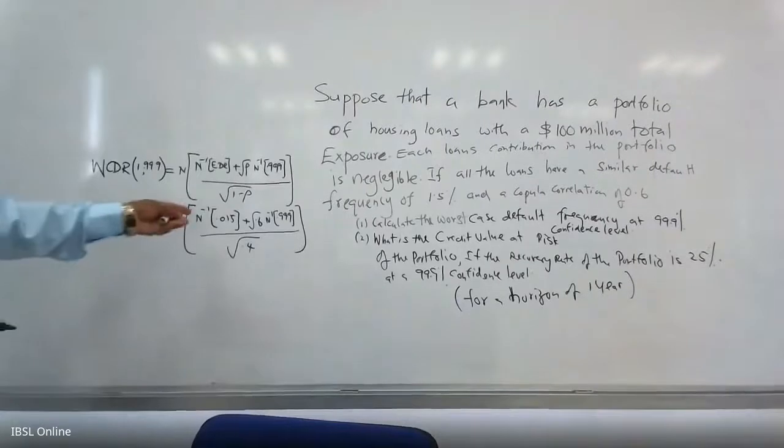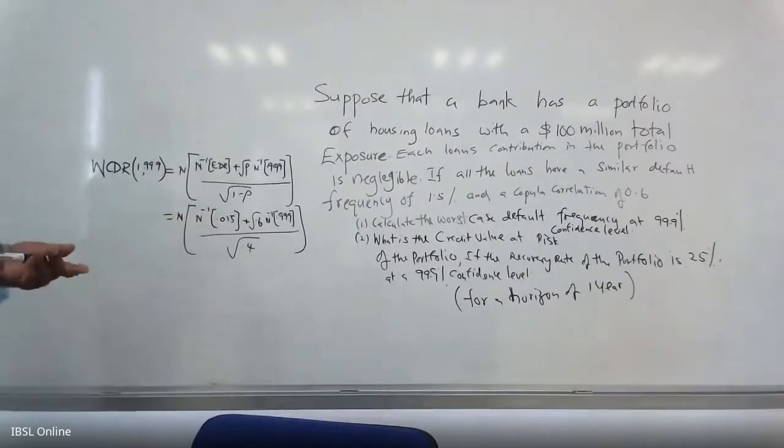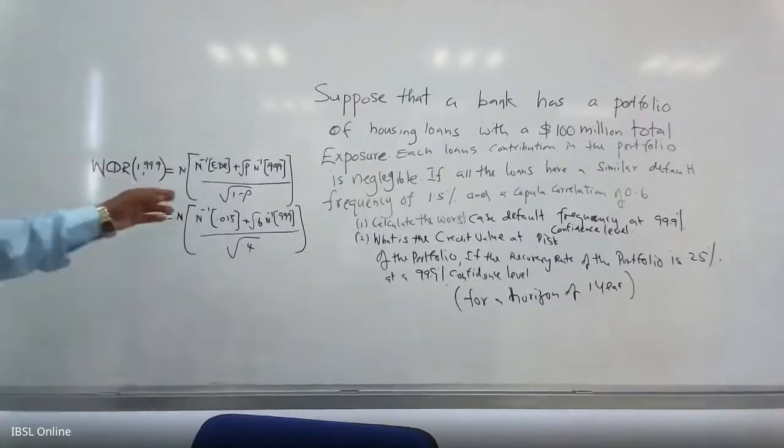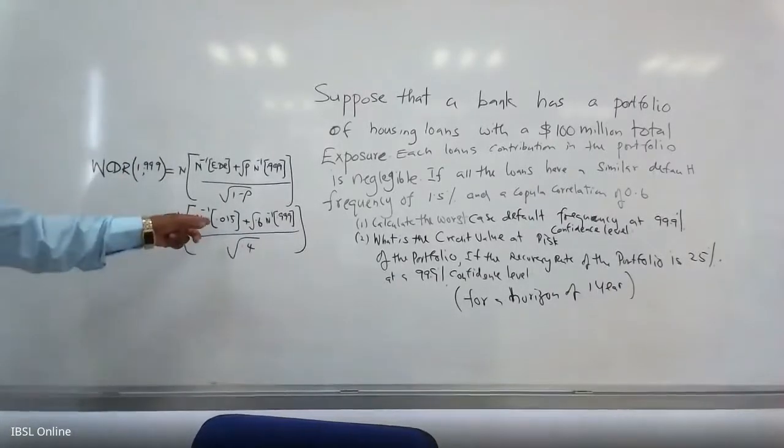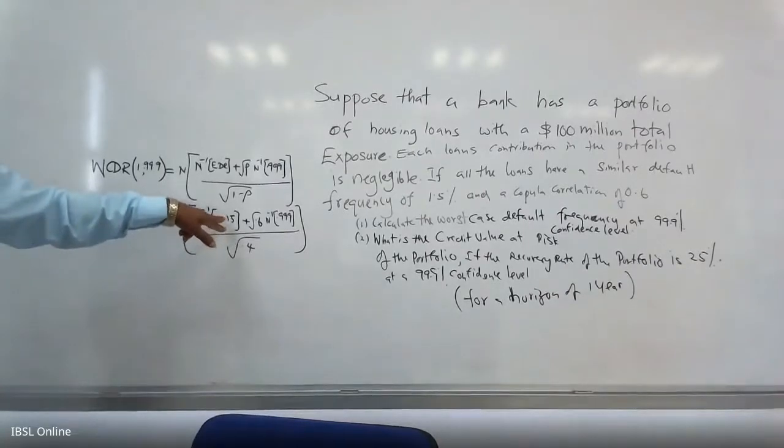Right. Now you need to go into the normal curve tables to look at this and come up with those values. You have the normal curve tables with you. So what you need to do is get the inverse normal curve values. For that you need to see where this figure, 0.015, is located.